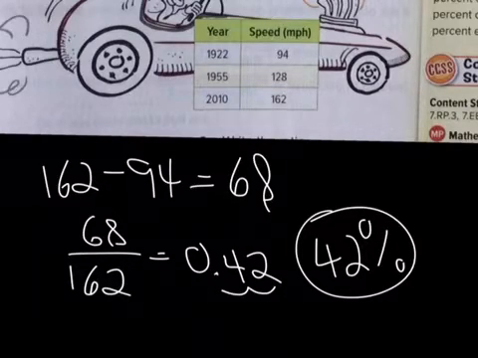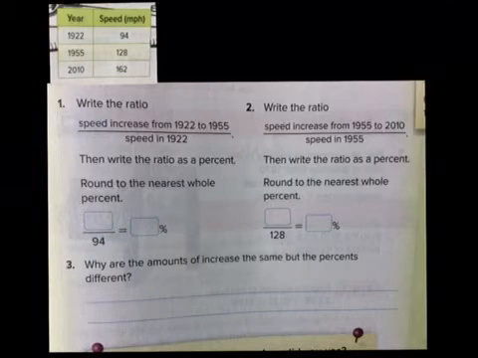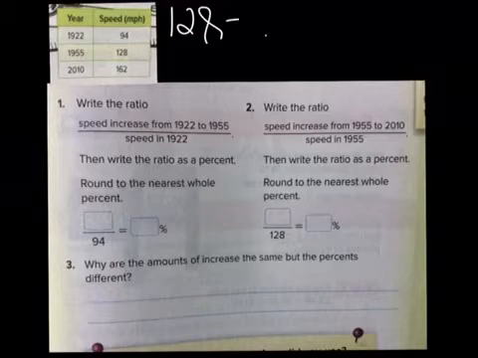Now let's try the difference between 1922 and 1955, and the difference between 1955 and 2010. So we're given the equation. The top number of this fraction is going to be the speed increase from 1922 to 1955. Let's find the difference between those numbers by writing 128 minus 94.